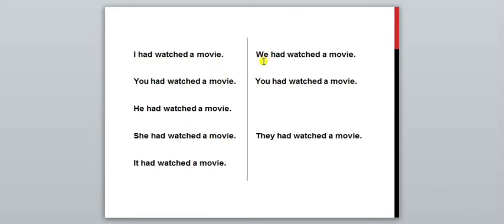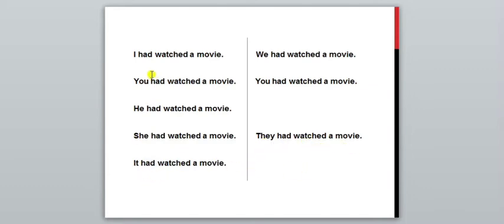Second example, we had watched a movie. Third, you had watched a movie. He had watched a movie. She had watched a movie. It had watched a movie. They had watched a movie.